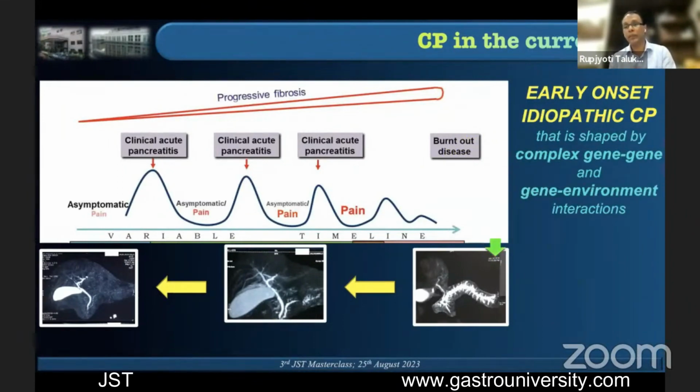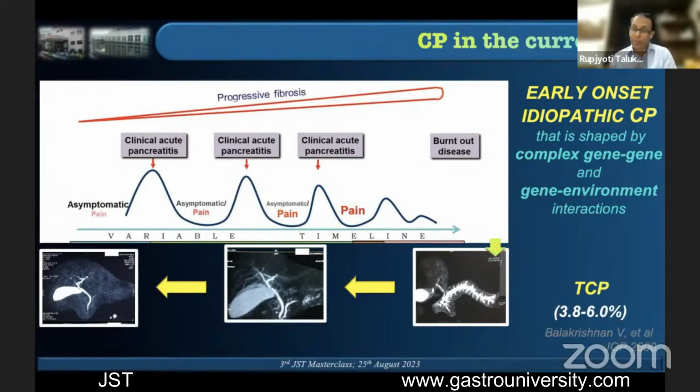And this is what the Western literature also describes as two types of chronic pancreatitis: early onset and late onset. And this fits into the early onset variety of idiopathic chronic pancreatitis that is seen in the West. And that could be shaped by complex gene and gene-environment interaction. And if we look at today's studies, there was another pan-India study by Dr. Balakrishnan with more than 1,000 patients.